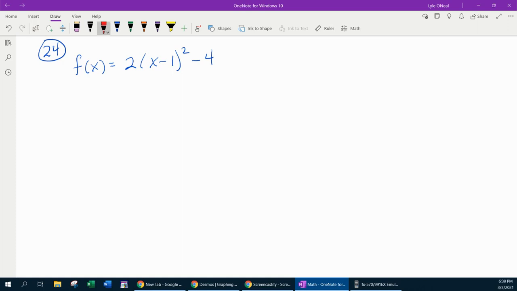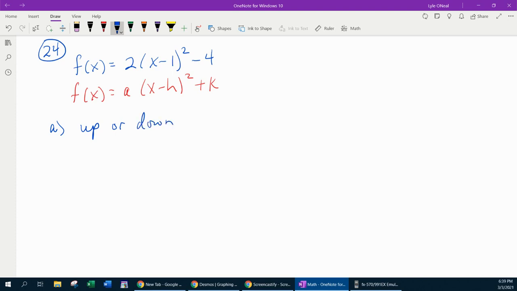And to illustrate that, I'm going to copy down vertex form right underneath that. So that's f of x equals a times x minus h squared plus k. And the first thing that we're going to do is determine whether this graph opens up or down. That is probably the easiest thing to start with. And I'm going to label this part A. Does it open up or down?